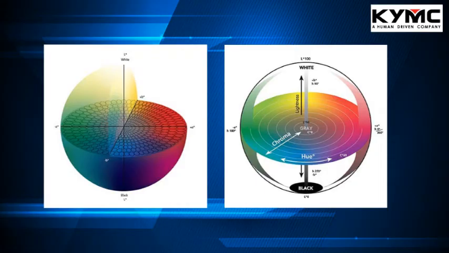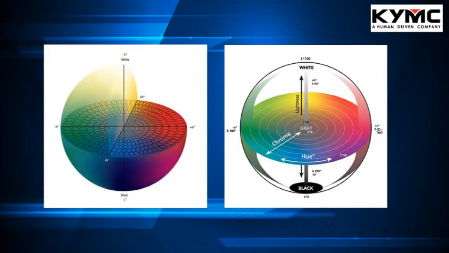To overcome this, we need a mathematical model to quantify color. In today's industry, two common mathematical models are used, which are the LAB model and the LCH model.